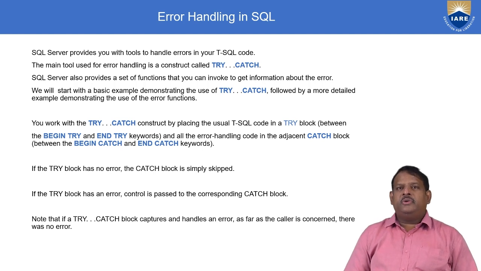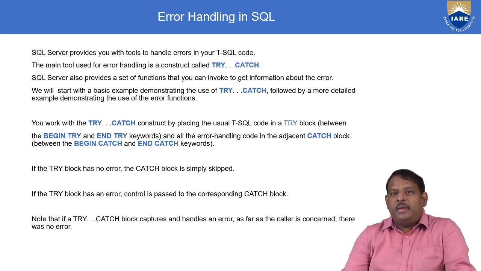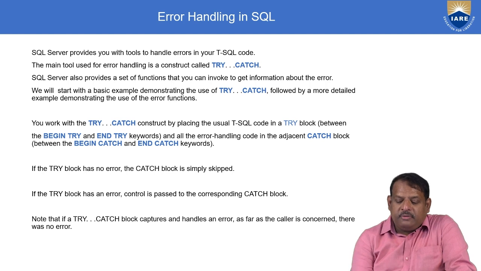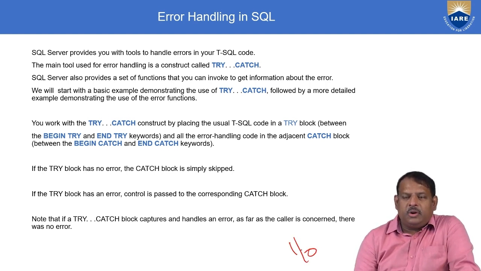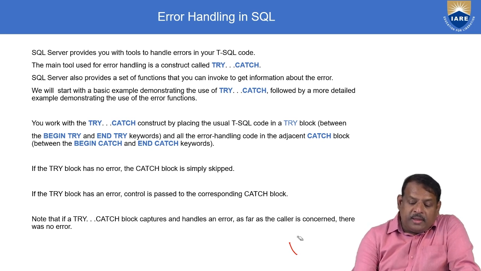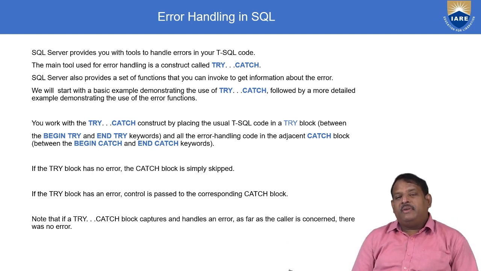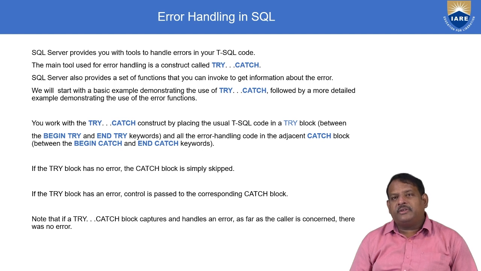SQL Server also provides you a set of functions that you can invoke to get information about the error. Suppose you're trying to divide by 0. You're going to get an error. When you get an error, we also have some inbuilt functions that will tell you the information about the error: what is the error number, what is the error severity, what is the error description. We have various functions available in the database to provide you more information about the error.